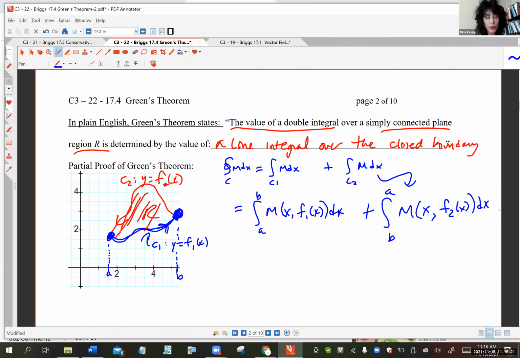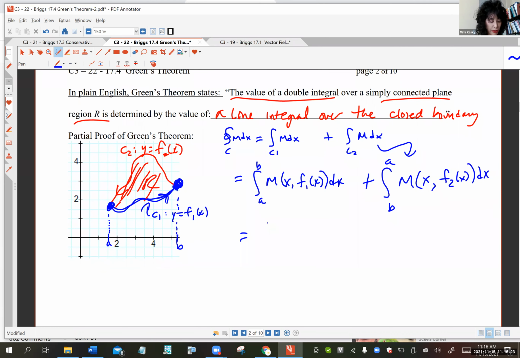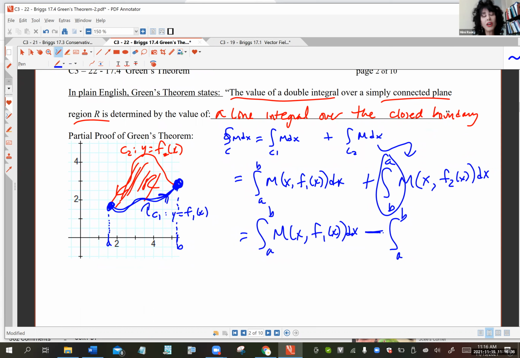Now, something that you learned back in Calculus 1, we're going to use a Calculus 1 property of integrals, and that is if you flip the limits, so if you flip these to a to b, then it'll change the sign of the integral. So we'll just change that plus to a minus, and then we still have M(x, f2 of x) dx. Okay, fine.